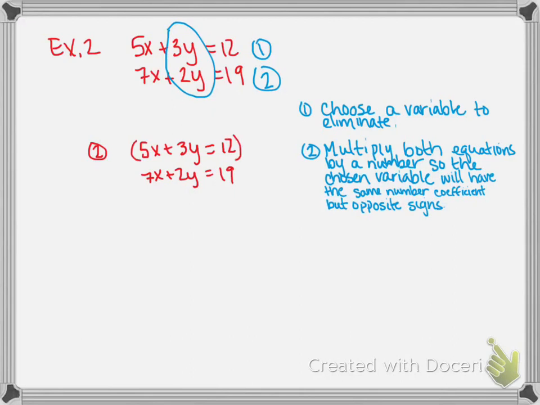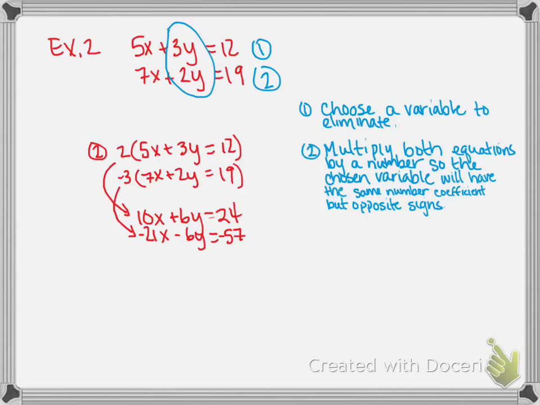I'm going to multiply the first equation by 2 and the second equation by negative 3. So my first equation, when I distribute the 2, becomes 10x plus 6y equals 24. The second equation becomes negative 21x minus 6y equals negative 57.